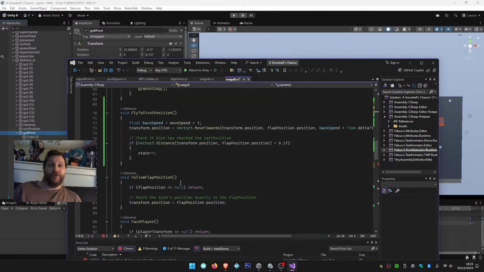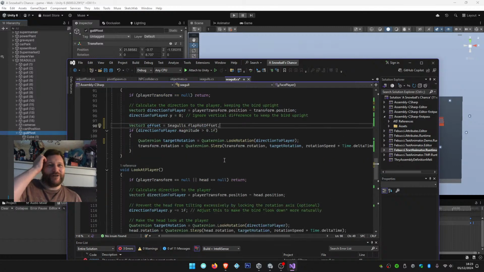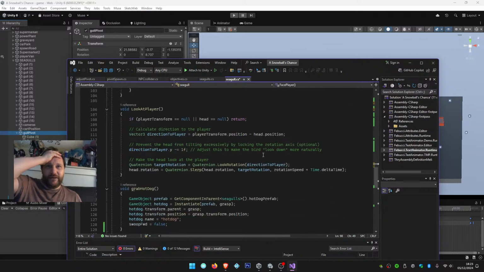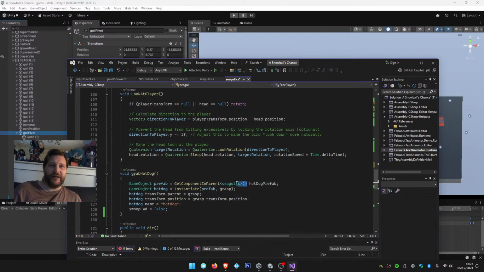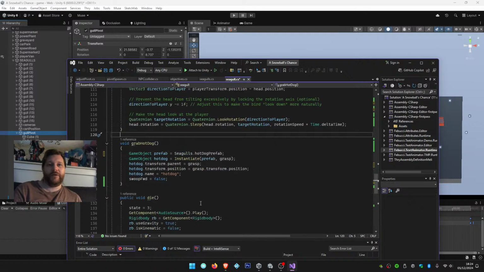I'm in the Seagull script, for goodness' sake. Right. There we go. That's why I couldn't find it. Flap rotation offset. And I was doing that somewhere else, wasn't I? There it is. So we can change that now to just Seagulls. There we go. That's much better.